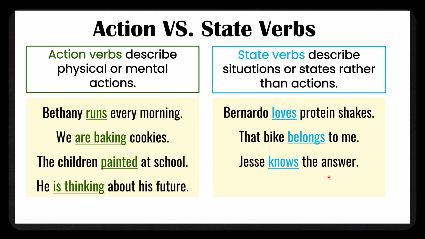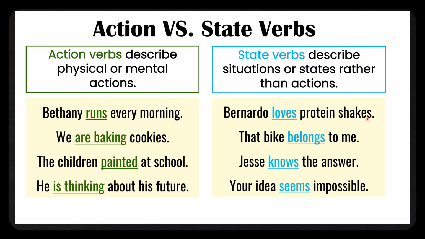Jesse knows the answer. Your idea seems impossible. And state verbs do not show actions, but rather describe situations or conditions that are static. So we would not say Bernardo is loving protein shakes because this is static. He always loves them. It's not something that's happening in this moment.